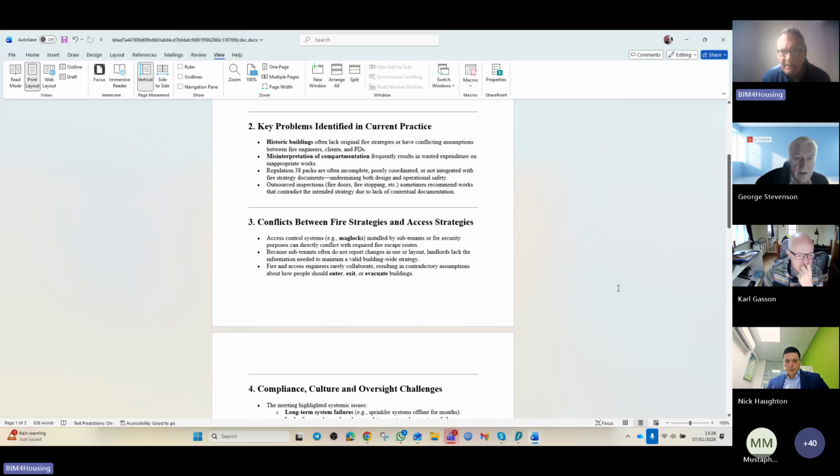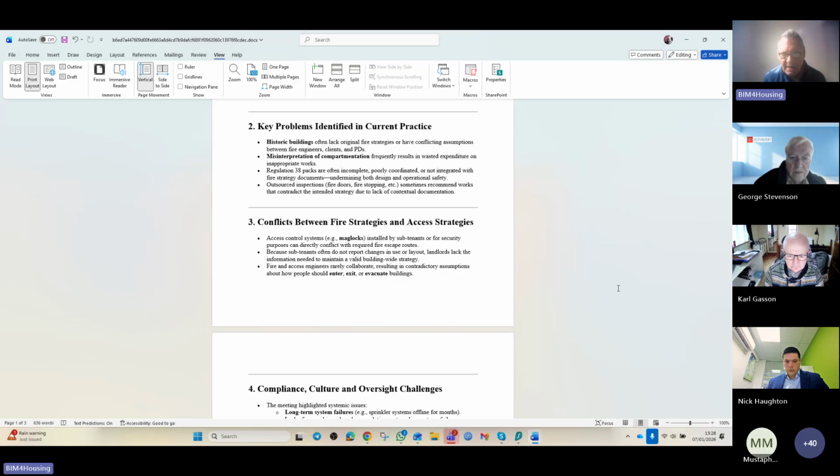Historic buildings often lack fire strategies or have conflicting assumptions between fire engineers, clients, and PDs. Misinterpretation of compartmentation frequently results in wasted expenditure on inappropriate works.